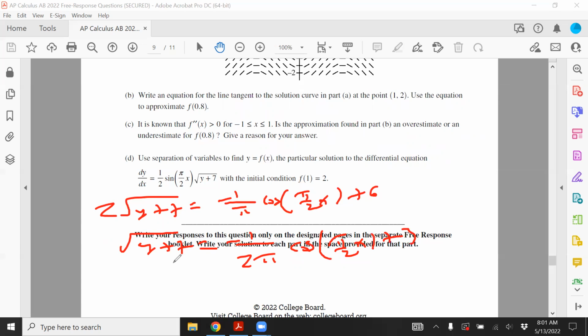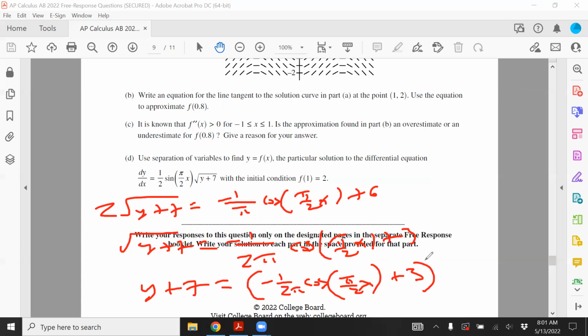Then you're gonna have to square both sides, and then subtract the 7. And there you go. That's your answer for that one.